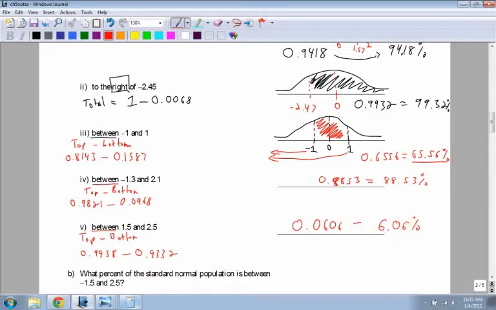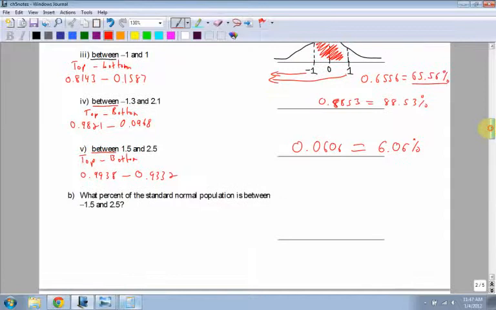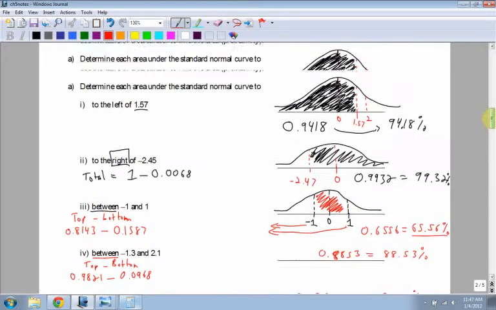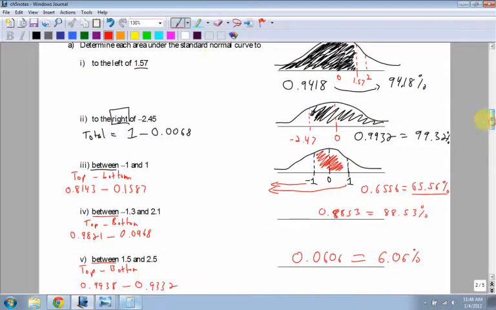Okay, so it's a good idea to think in terms of your decimals and your percents. Like right here, it says what percent of the standard normal population is between -1.5 and 2.5. We've done those, and that's just converting it to a percent afterwards. These ones ask for the area under the standard normal curve.